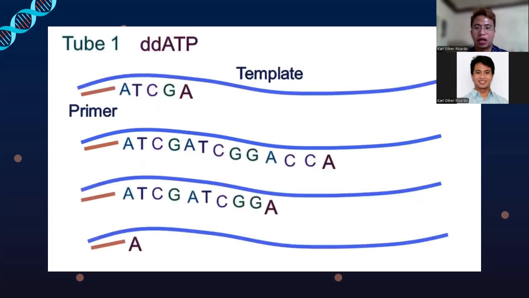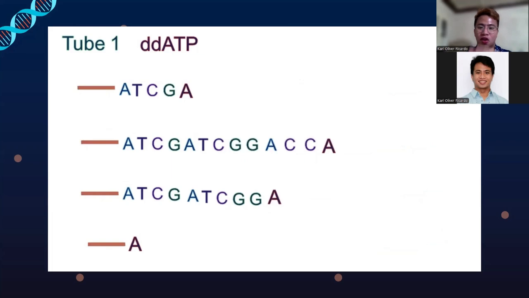So yung incorporation na nga natin ng dideoxynucleotides and the termination of our polymerizing reaction is a random process. So hence, yung overall reaction po natin or yung mixture po natin will have several fragments that have experienced chain termination.